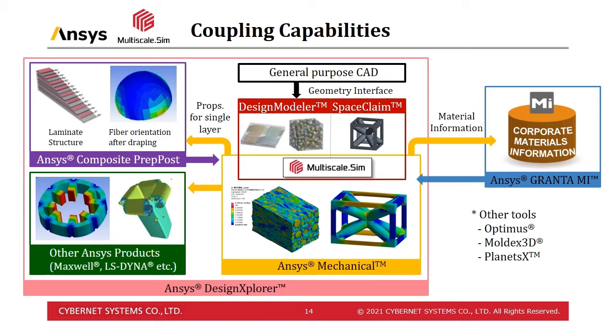Ansys LS-DYNA and Maxwell are examples of Ansys products which can be coupled with Multiscale.sim. It is very easy to link because these products can directly import material constants stored in engineering data on Ansys Workbench.